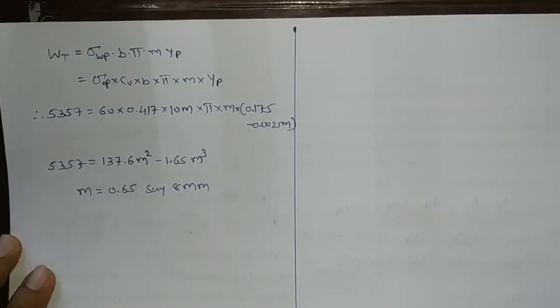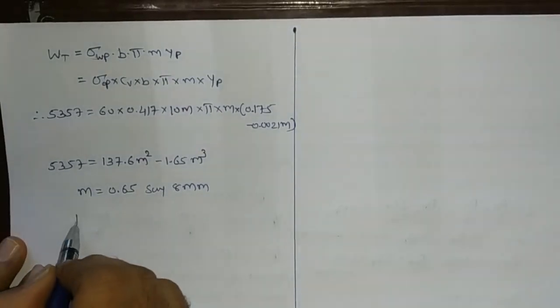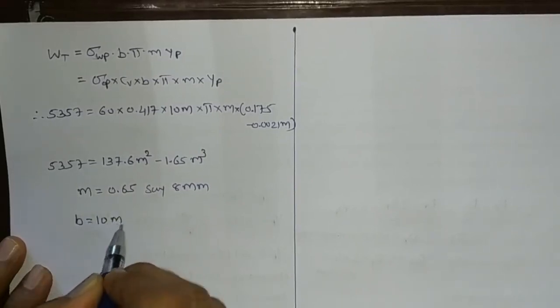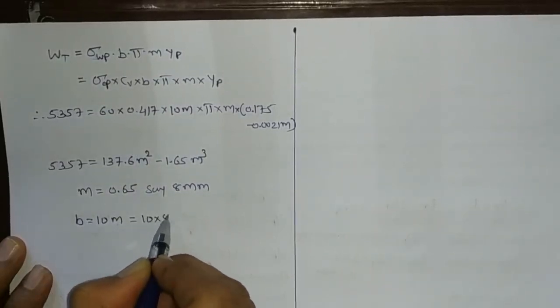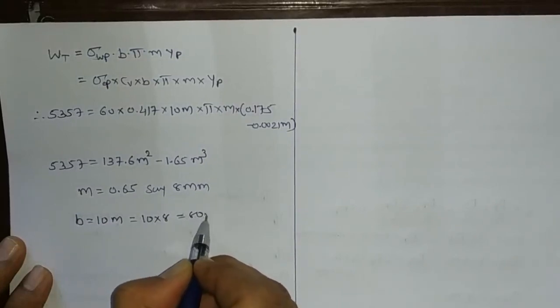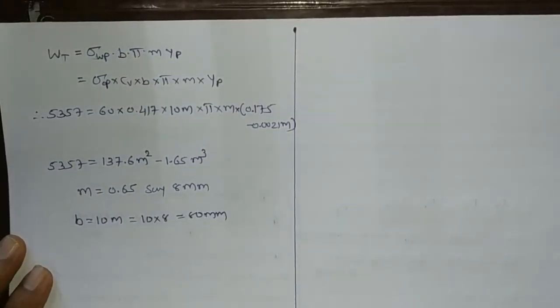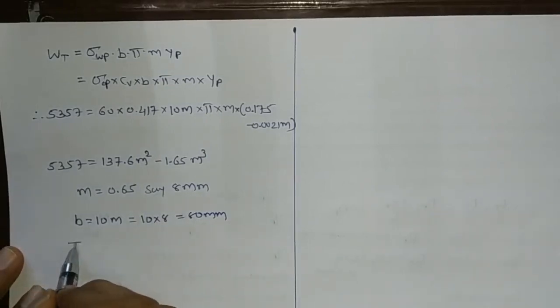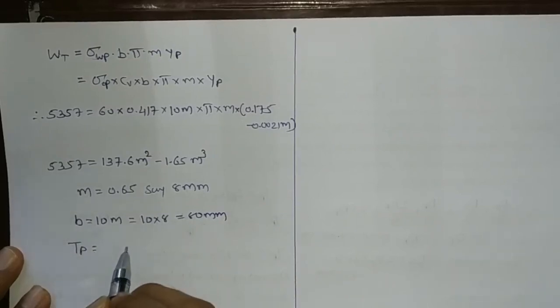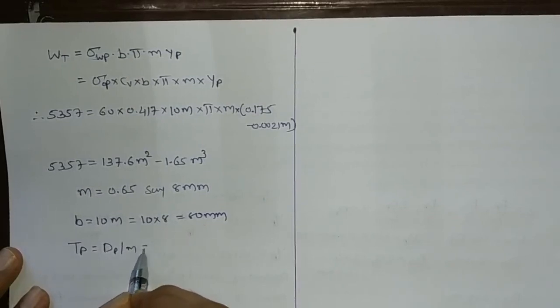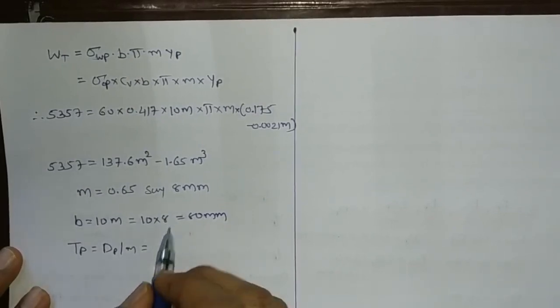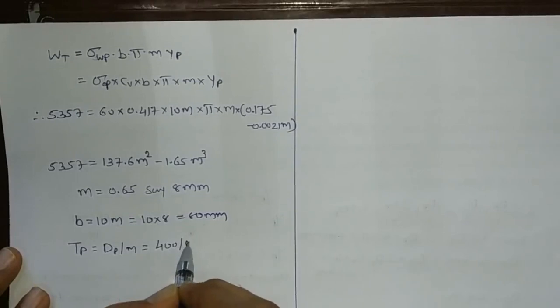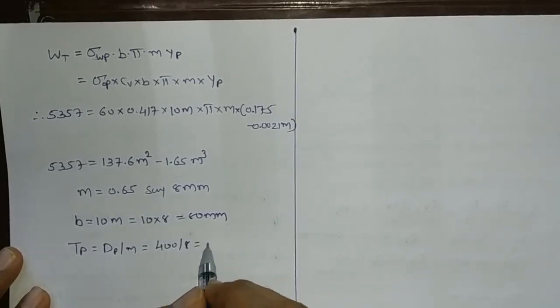Now we have to find the face width B. You know that B is 10 m, so it is equal to 10 into 8, is equal to 80 mm. So face width is 80 mm. Now the number of teeth on the gear. TP is equal to dP by m, so dP is 400 by 8, is equal to 50.